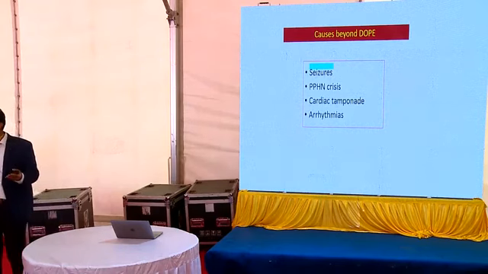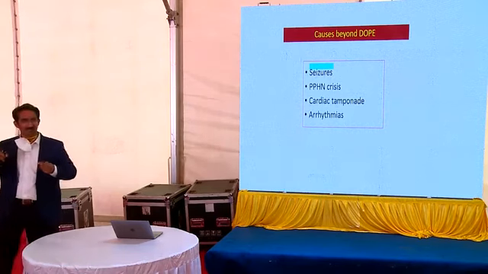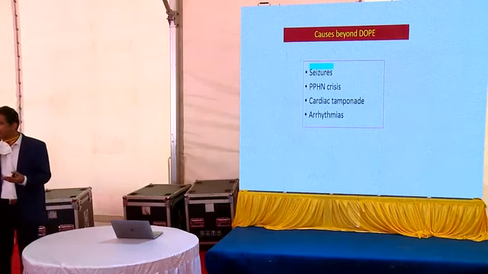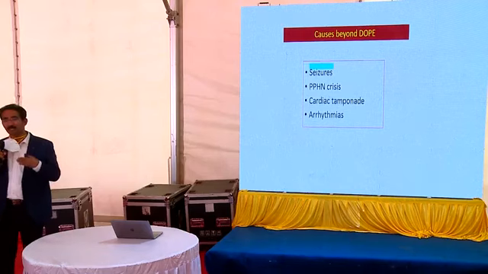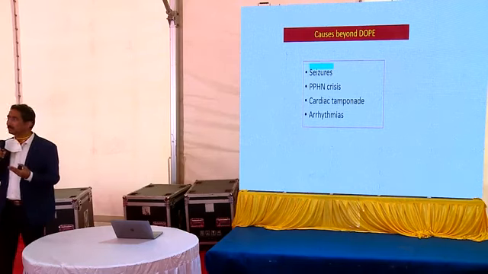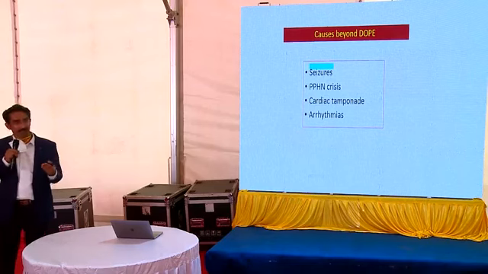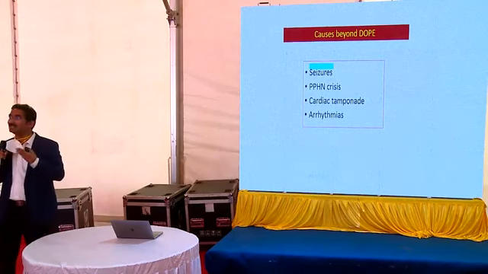PPHN crisis, we all know this, especially the term or near-term big babies with meconium aspiration syndromes, who are ventilated, and you are trying to sedate and paralyze. Sometimes worsening can be because of pulmonary hypertension. They behave the same way because not enough blood is reaching the lungs.